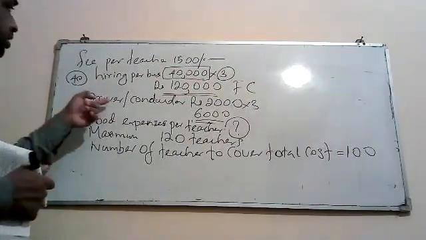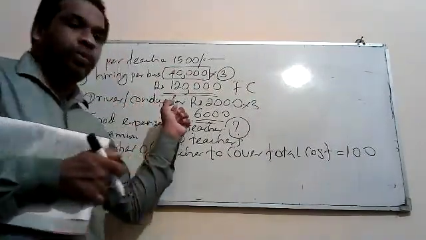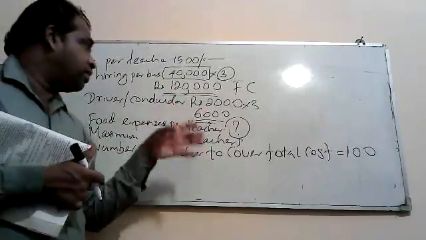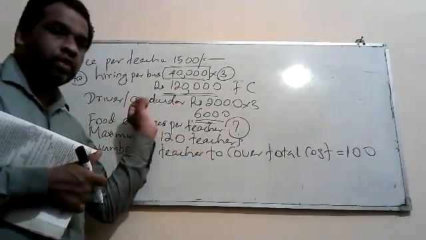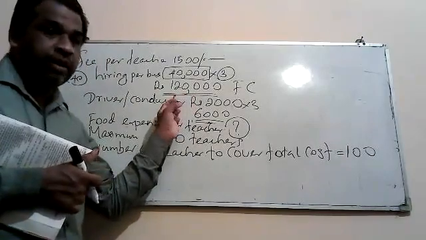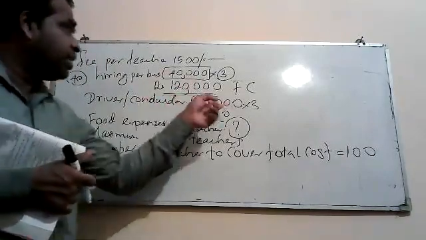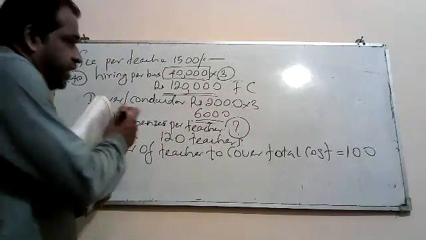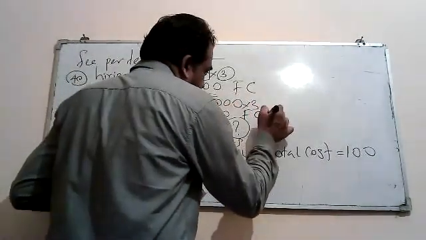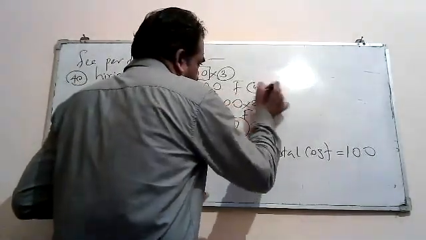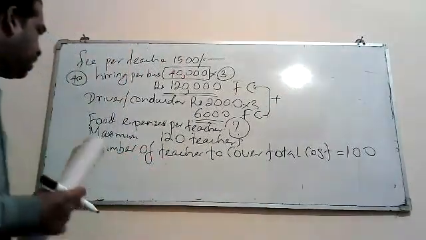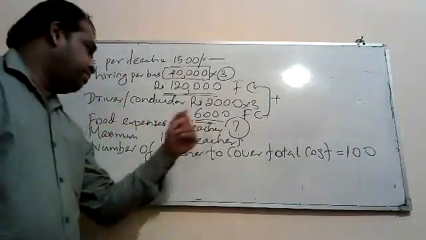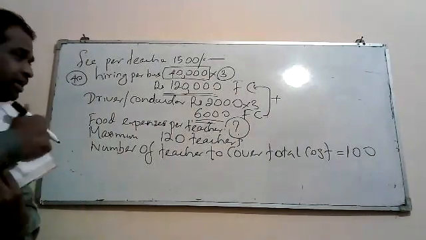That is a fixed cost. Driver and conductor, we have to pay 2,000 per bus, so for 3 buses, 6,000. That is also fixed. It doesn't change. These are fixed costs.